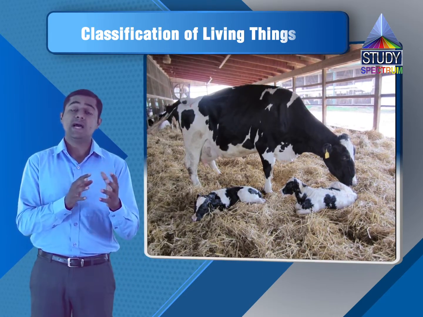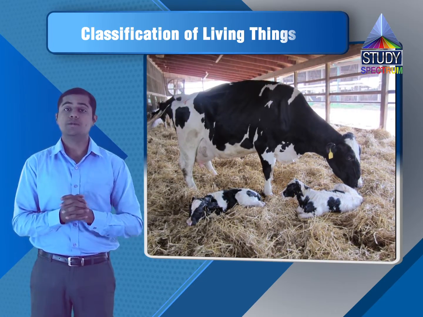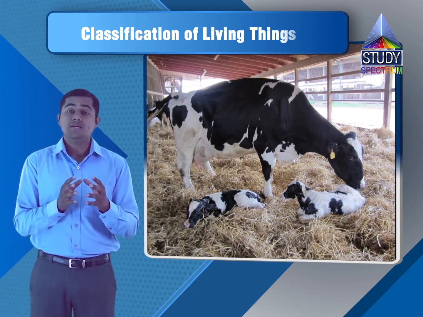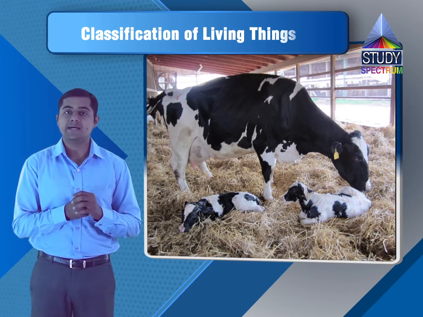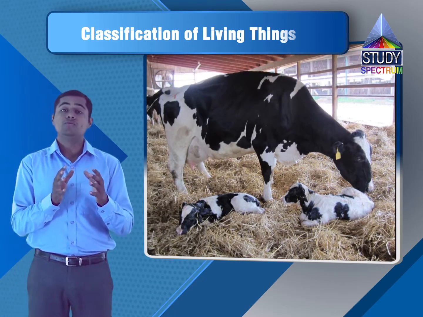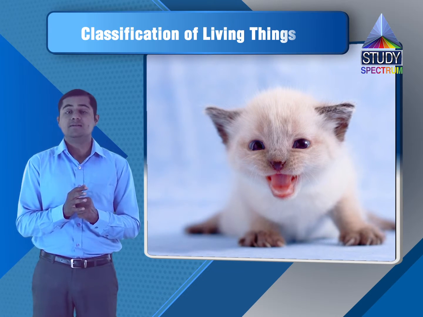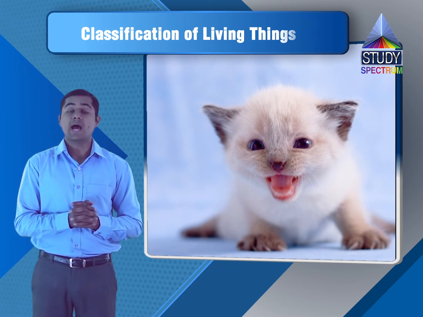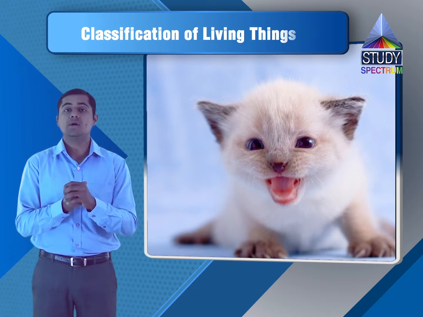How do lions reproduce? How do cats or dogs reproduce? They give birth directly to the young ones. They do not lay eggs. The growth of the small kittens takes place inside the body of the mother cat, and she gives birth to young kittens. They do not lay eggs.